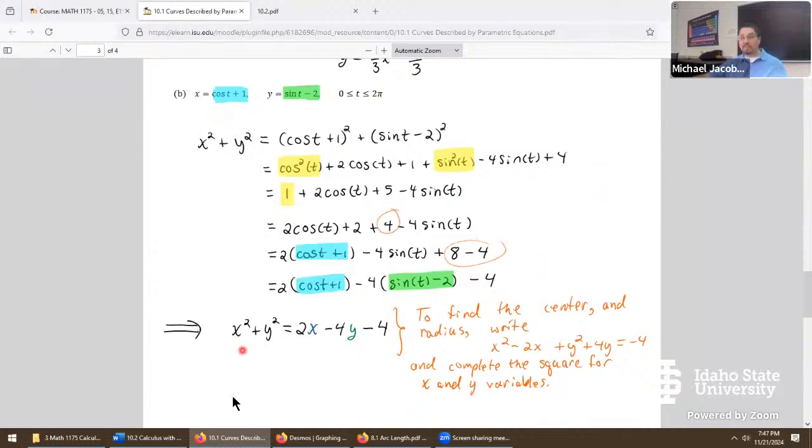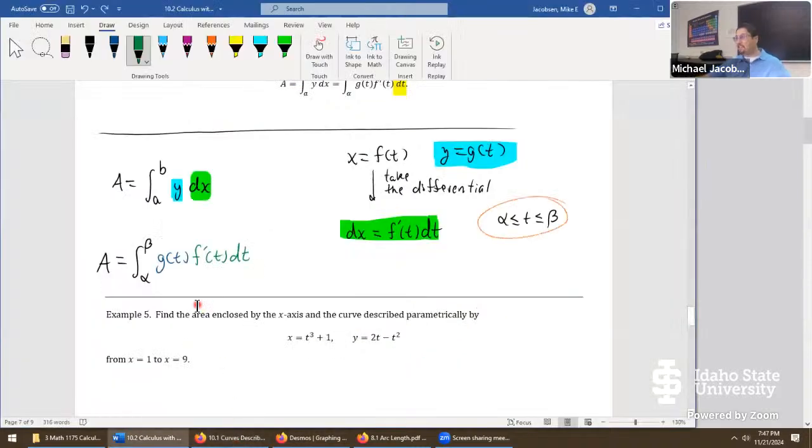Sometimes it's not very much fun at all. Other times, like in this problem, even if we do eliminate the parameter, we still don't have one function of y. There's two functions there. So yeah, this loops right back to this sort of situation where if we don't want to eliminate the parameter, we're just going to deal with this stuff directly and brute force our integral to have the right values with respect to t now.